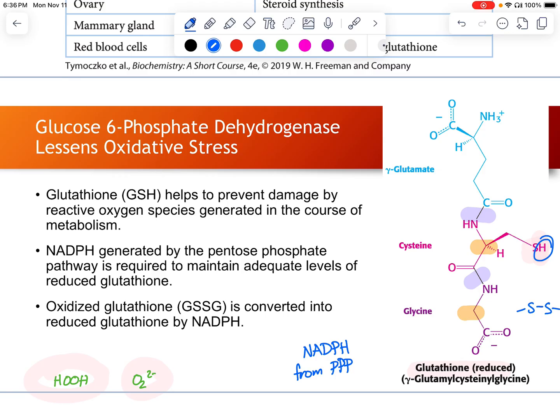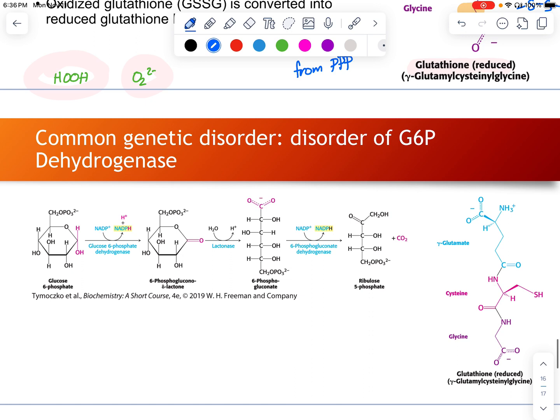All right, if we think about a common genetic disorder, it is actually a disorder of this particular enzyme. This enzyme is really important in red blood cells. Other cells have other ways of making NADPH, but in red blood cells, it is only the pentose phosphate pathway that provides this NADPH.